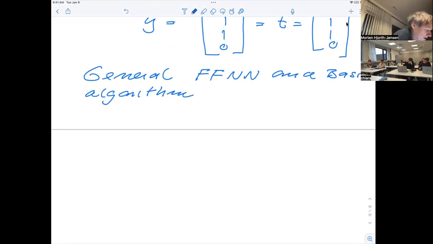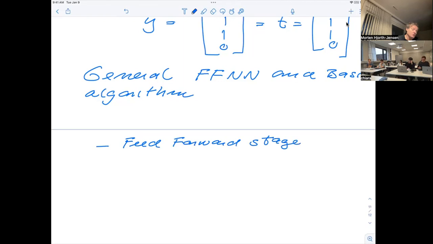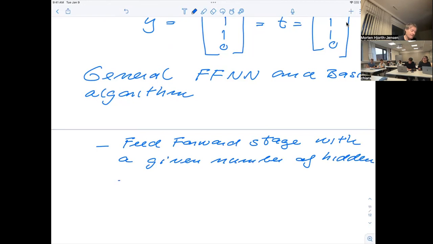So what we are going to have is a feed-forward stage with a given architecture, with a given number of hidden layers and nodes, and activation functions.